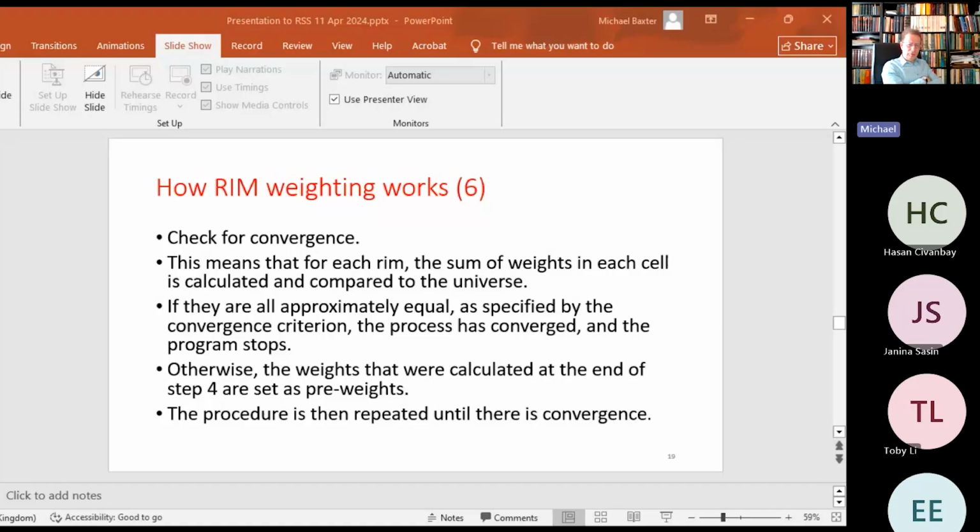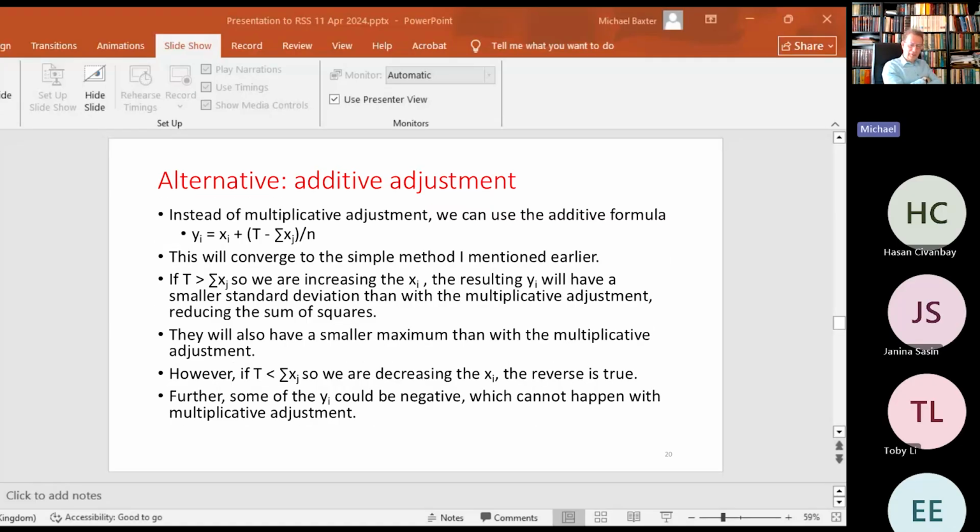You take the total you want the x's to have, you subtract off the total they do have, and you divide by n, the number of observations. So if you add this to each of the xi's, then again the yi's will total correctly.